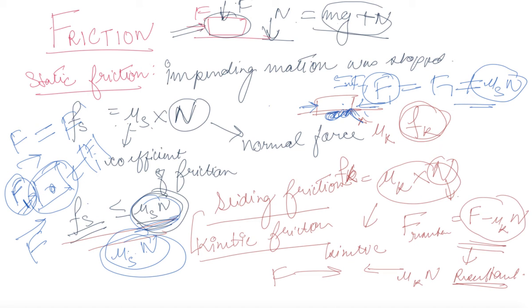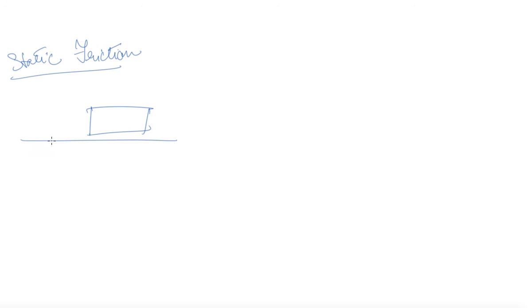So let's have a review. When we talk about static friction, say this is your object of mass m and this is a surface.